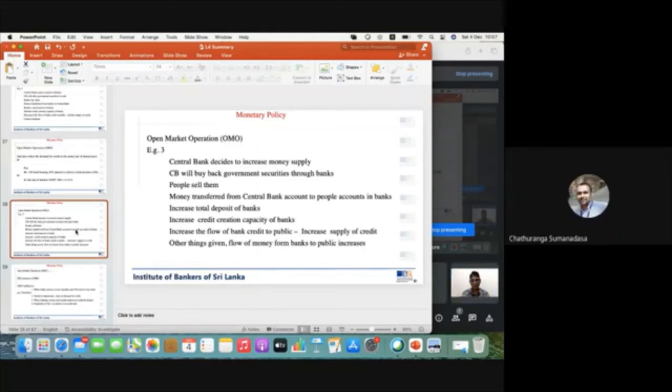You said that increasing the interest rate will lead to a decrease in demand for money. So right now we are also seeing an increasing trend in interest rates. So is it the same or something else?